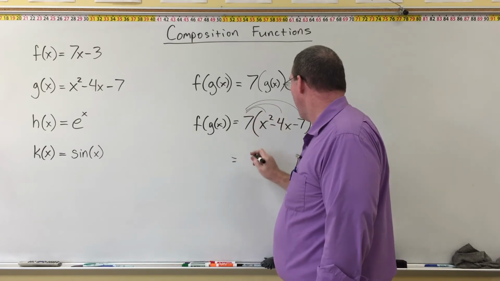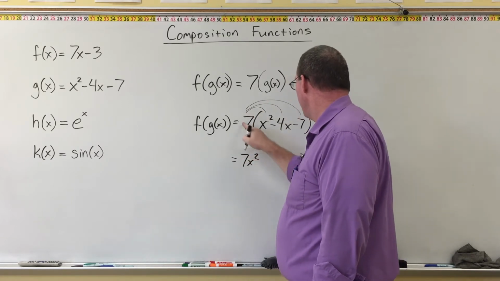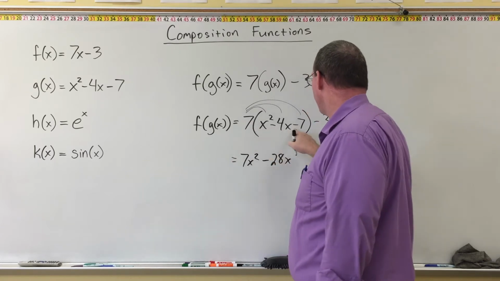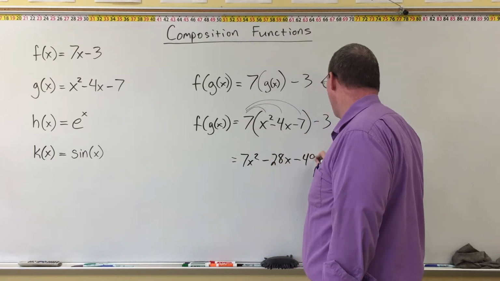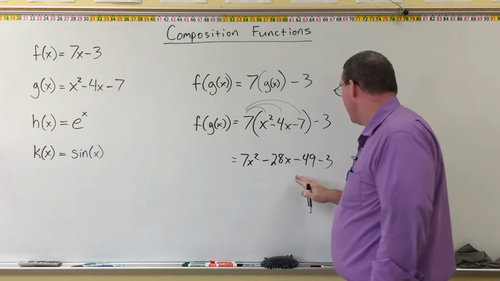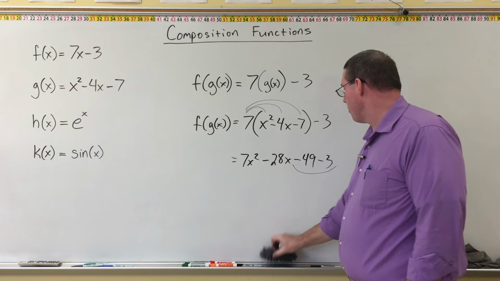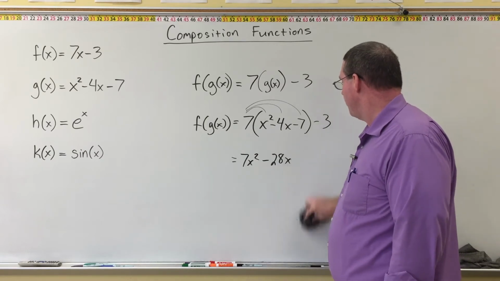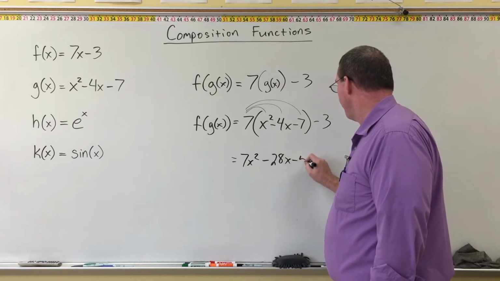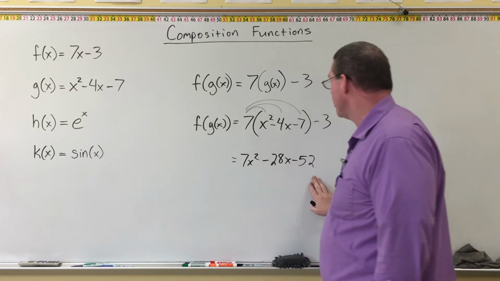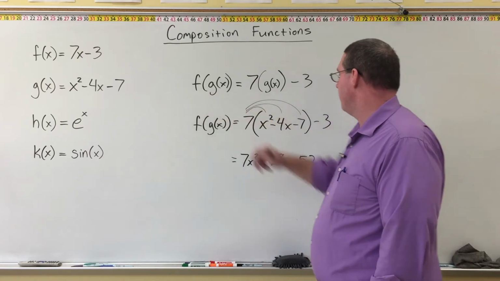So we can go 7 times x squared. 7 times negative 4x is minus 28x. 7 times negative 7 is minus 49, and then a minus 3. And then you can just simplify this part here. Negative 49 minus 3 is minus 52. Minus 52, and then this is the composition function f of g of x.